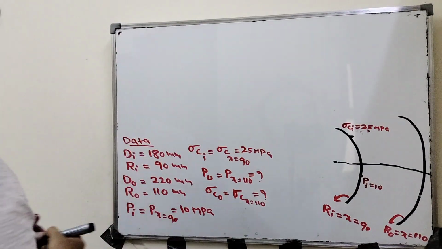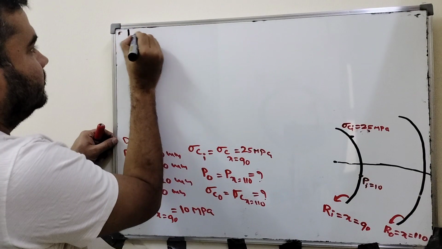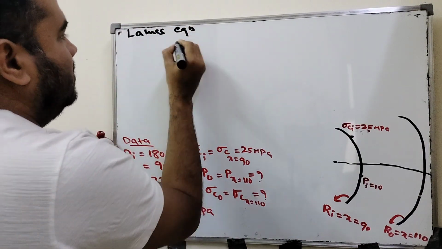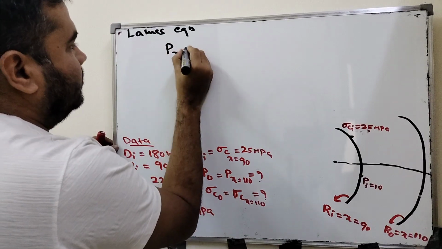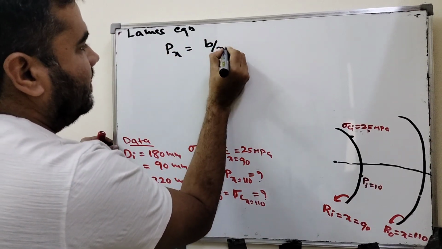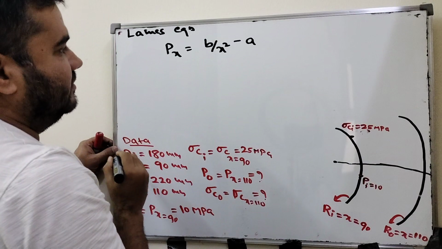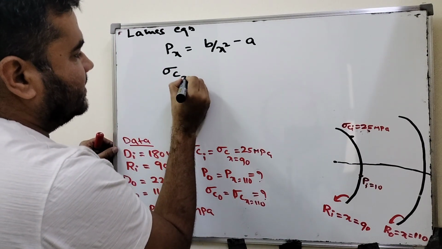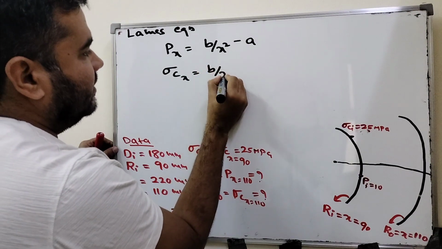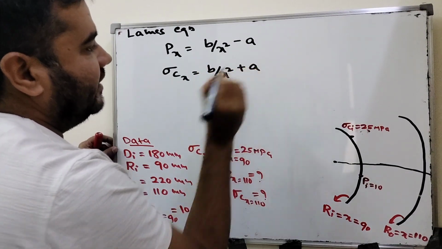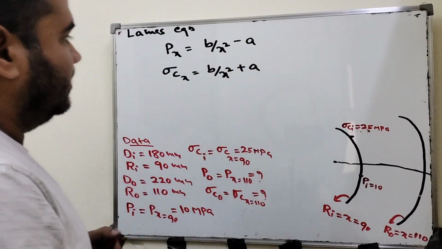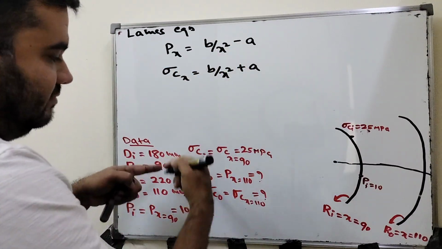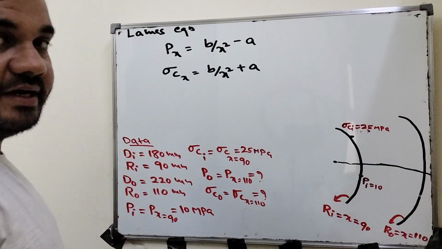The Lame's equations are: P at x equal to b by x square minus a. This is one equation. Similarly, sigma C, the circumferential stress at x, equal to b by x square plus a. This we already derived. Now find the constants a and b by applying the boundary conditions from the data given here.